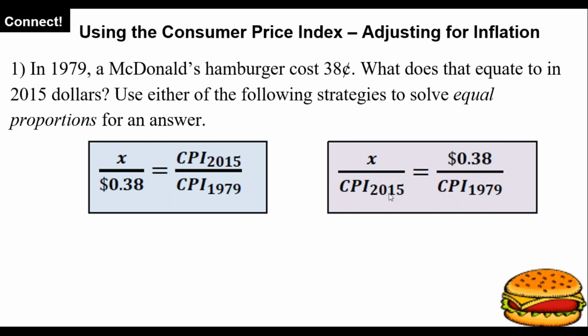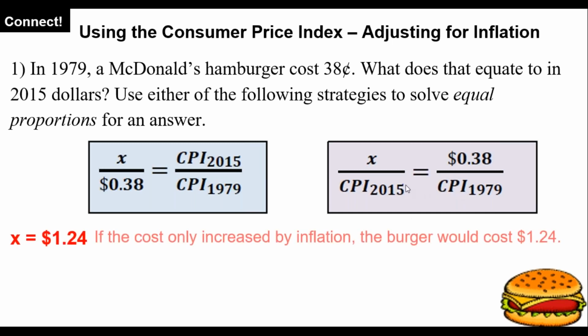Now notice I'm not going to use the year, I'm going to use the actual CPI value. So here's what it was worth in 1979. I'm trying to figure out what it would be in 2015 dollars, and then I have to pencil in those inflation rates. So if we did that and penciled in those inflation rates and did my cross multiplication, you can see that that would be $1.24.